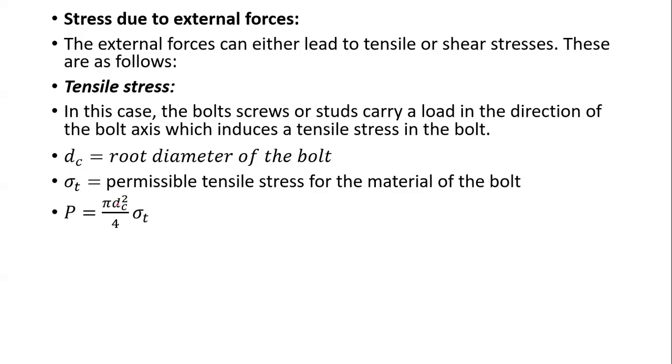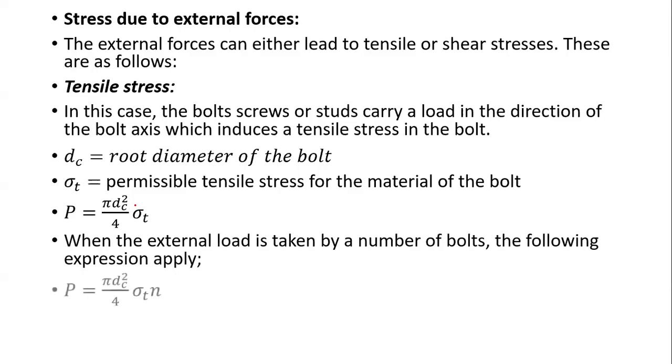The cross-section area we're talking about is for the root, so we say pi d squared over 4, where d is not the major but the root diameter, because stress is force over area.